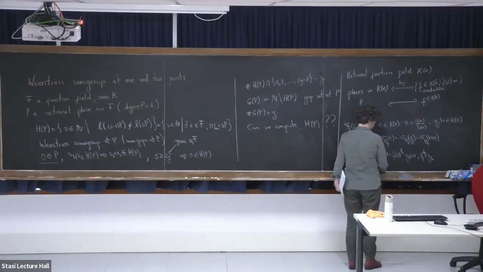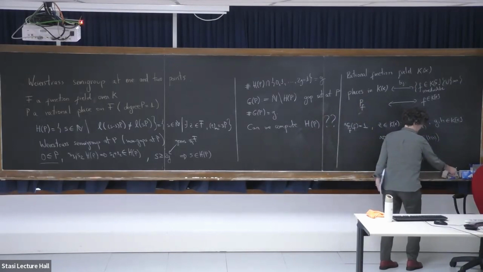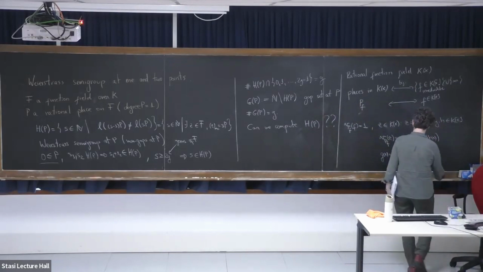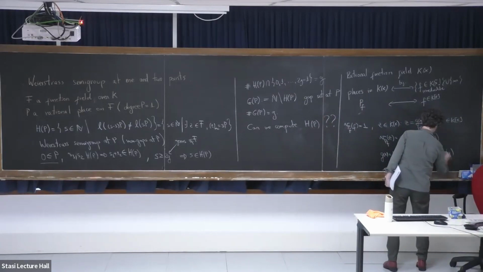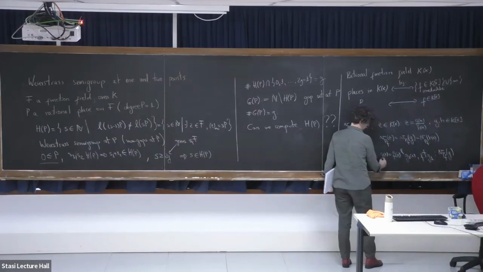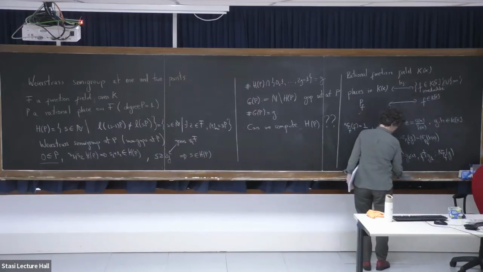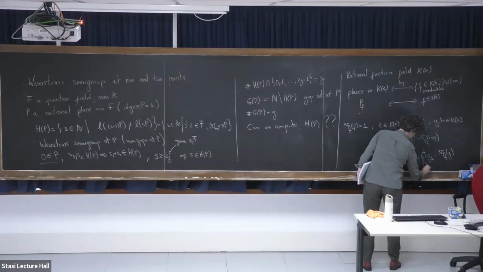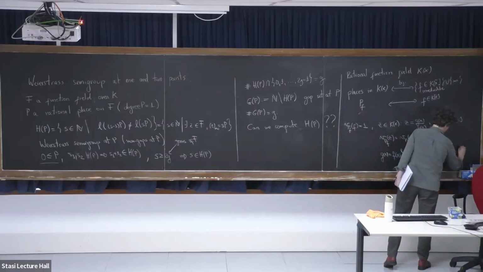And if I do so, I just say that the valuation V_PF of G is just going to be L, okay? And this L is always larger or equal than 0. Okay, so this is L.